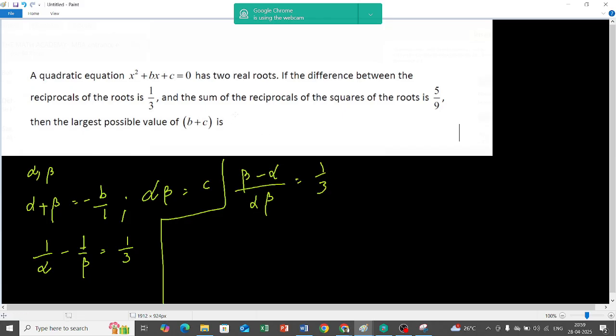And the sum of the reciprocals of the squares, that is 1 by alpha square plus 1 by beta square, is 5 by 9.